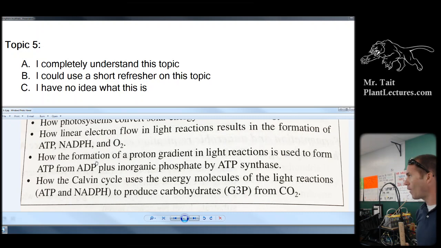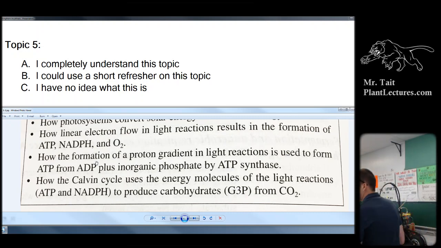So where in the chloroplast do the H+ ions build up? Thylakoid space. So they build up in the thylakoid space. That means there's a really high concentration in the thylakoid space, and then they flow out through ATP synthase. As they flow out through ATP synthase, that energy is captured to create ATP.